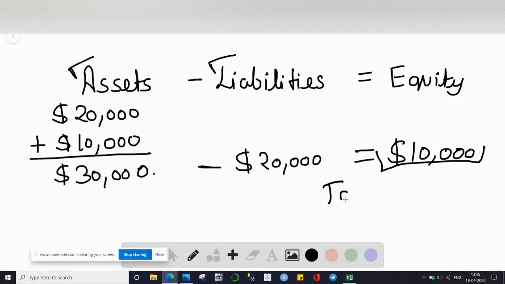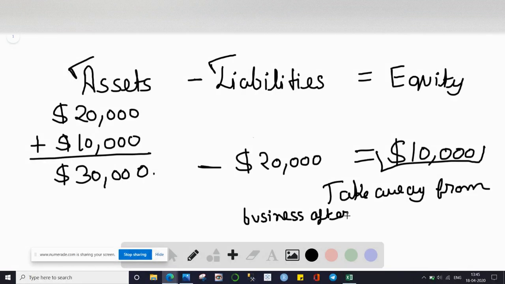You can also write it down: take away from business after paying all liabilities.